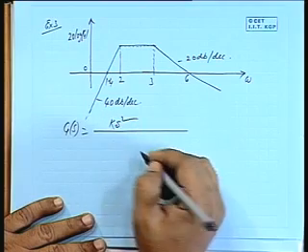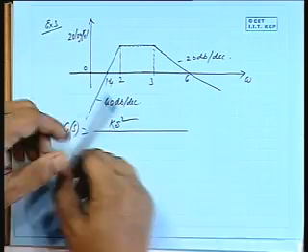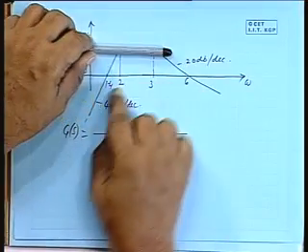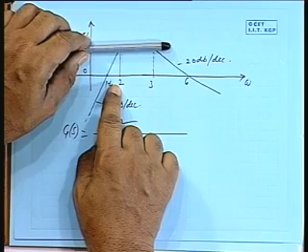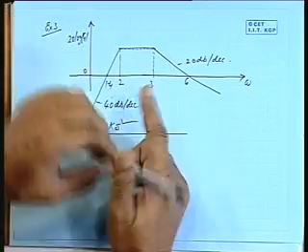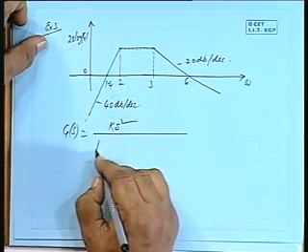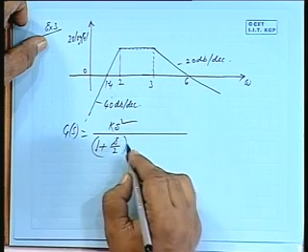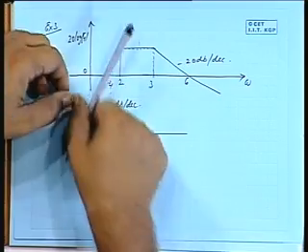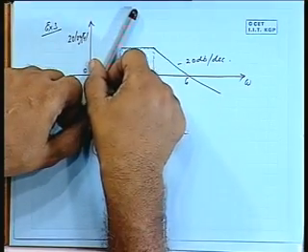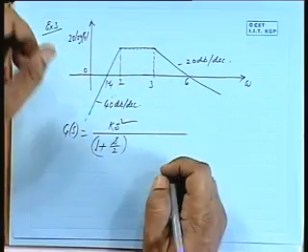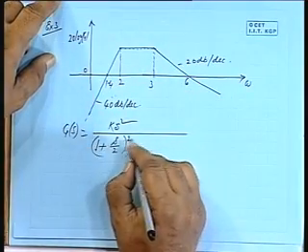Thank you very much. And then it was going up like this, and then it takes a bend at 2, s equal to j2. Then (1 plus s by 2) whole squared. There was a rise of 40 dB per decade, and you are bringing it to 0. That means it will be whole squared, is it not?